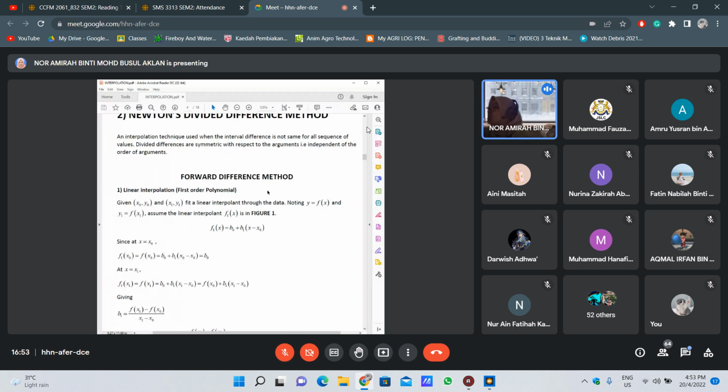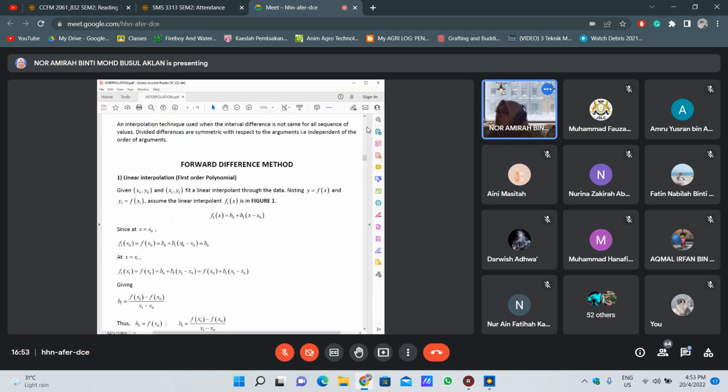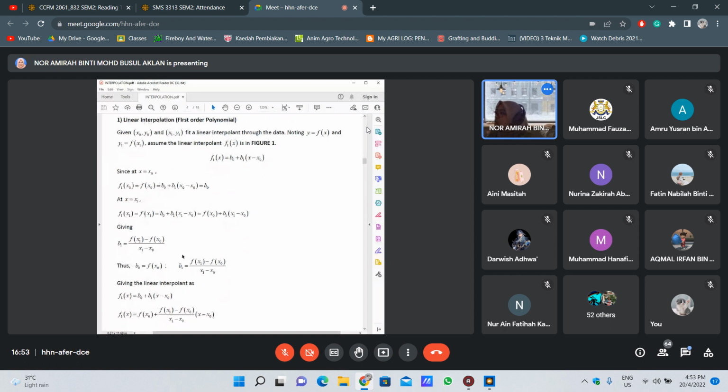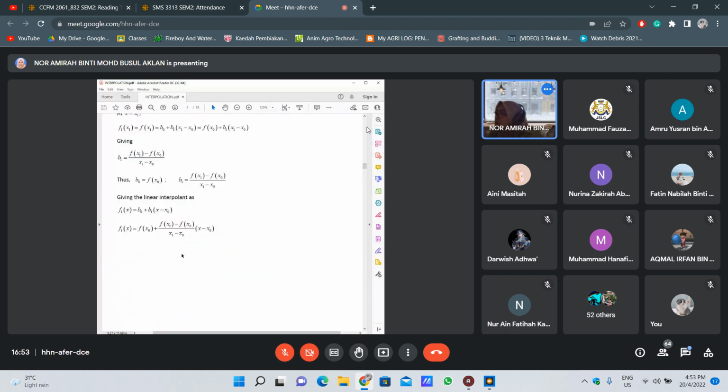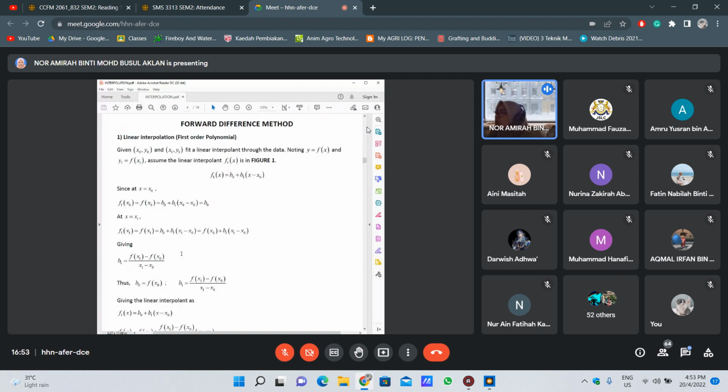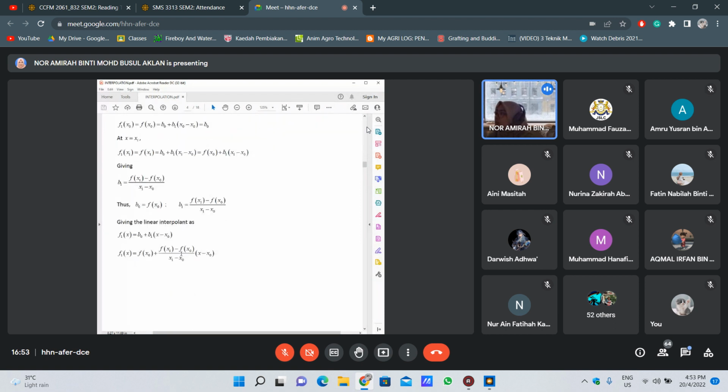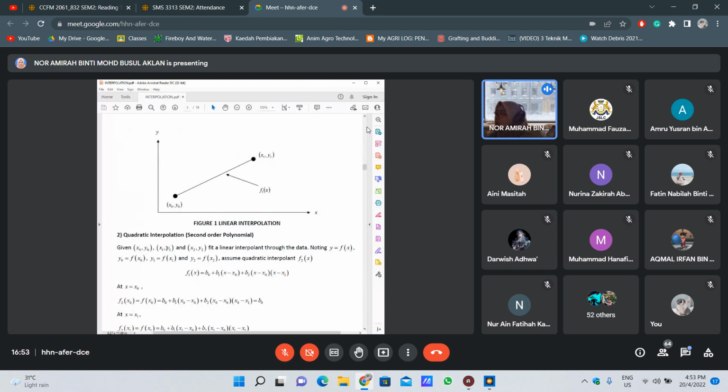So first we have linear forward difference method. We have linear interpolation. And the second one, kita tengok quadratic. So kalau linear interpolation ni maksud dia untuk first order polynomial. And then we also have the quadratic interpolation, second order polynomial.